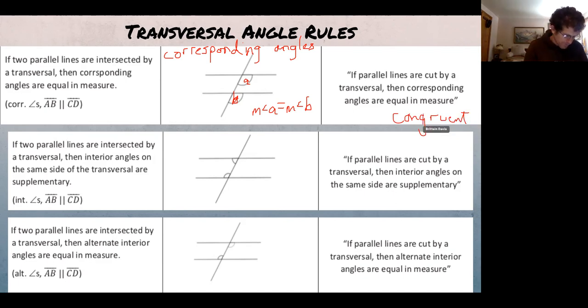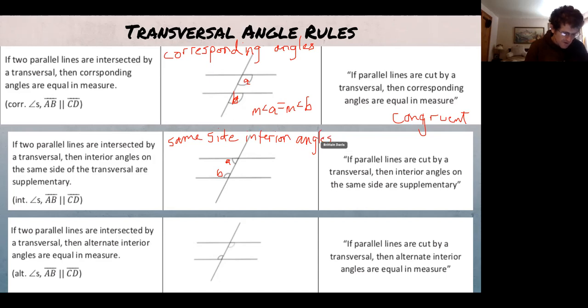The next one, I'll call this angle A, and this one angle B. And what I'll probably do is give you the name for this and then explain why we call it what we call it. So we call this same side interior angles.